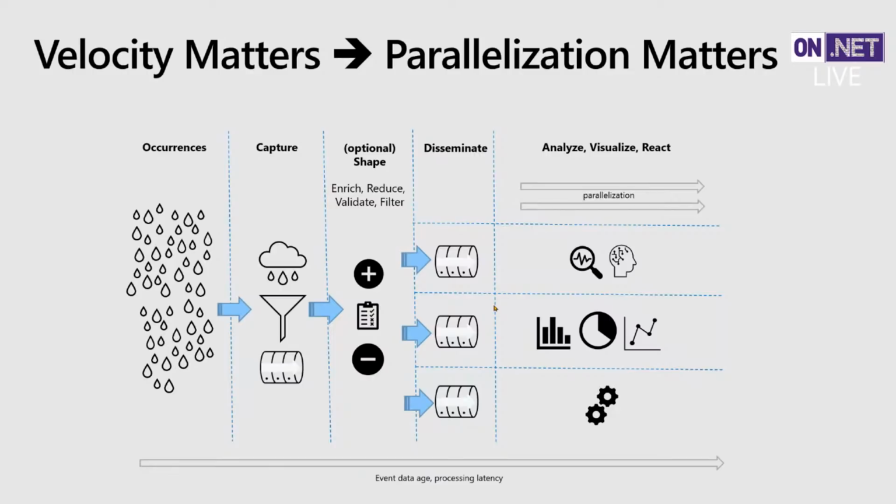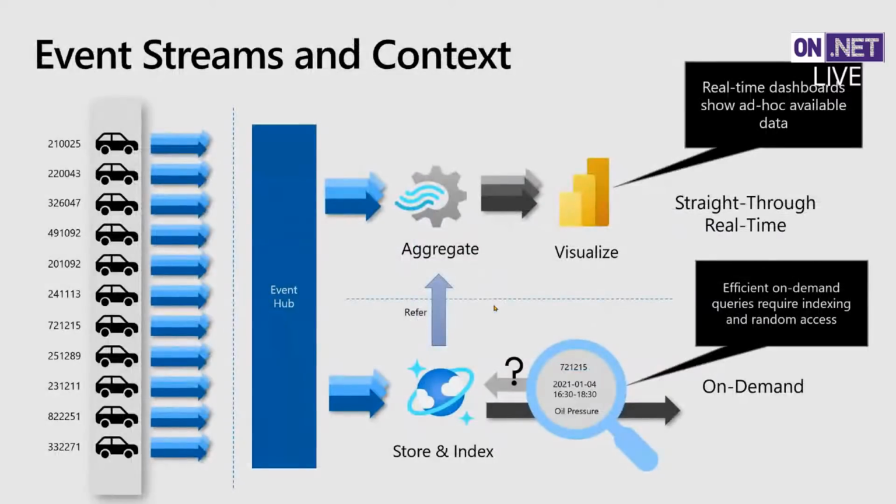Then typically they will be consumed by multiple sources in parallel: one for visualization, one for analytics, another one for analytics in a different shape, and one possibly for archiving or batching, for later batch consumption. All of those things happen in parallel because freshness matters. The more events age, the less interesting they become for many scenarios.